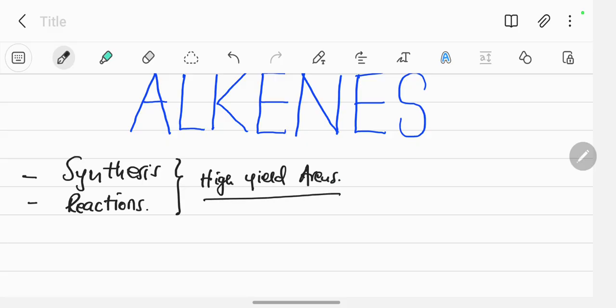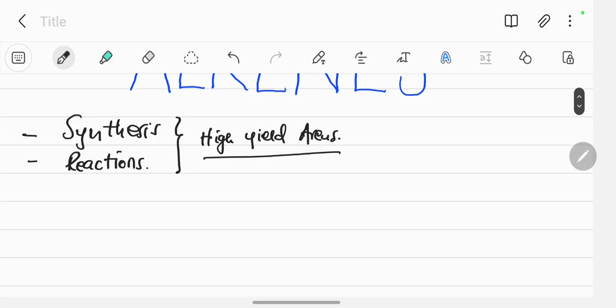And I want you to first master the synthesis and the reactions. Then later on, I will make a recording for the isomerism. So I'm going to be skipping these things, but I will compile them in one lesson.